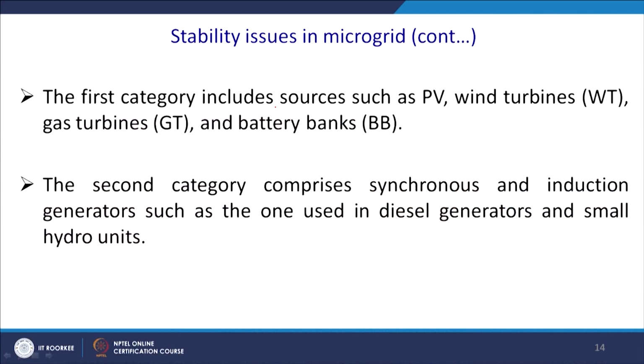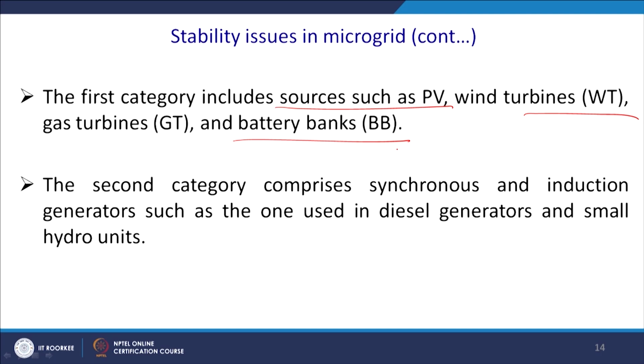The first category includes sources such as PV panels and wind turbines, because a wind turbine is essentially AC, we require to convert it into DC, and in both cases we require to track the maximum power point, and for this reason we require a front end power converter.